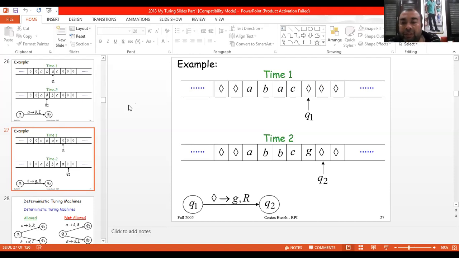Time 1 depicts that you are in state Q1, you are meeting a blank symbol on the input tape. What you do according to the transition is convert your state from Q1 to Q2, the blank symbol to G, and move towards the right side. Tell me, any problem in this case? Okay, fine.